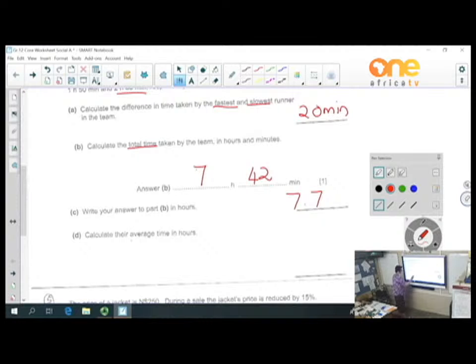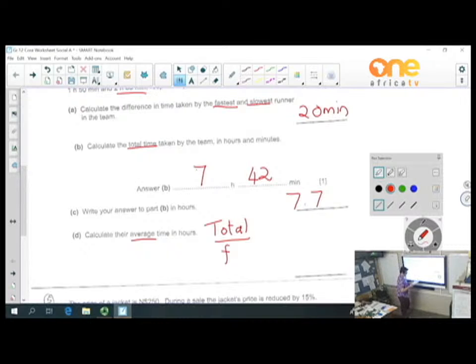And now they say the average time. So what is average? Total divided by frequency. So that means we're going to add all the times, here we have it already, isn't it? And we divide it by the 4 athletes, isn't it?